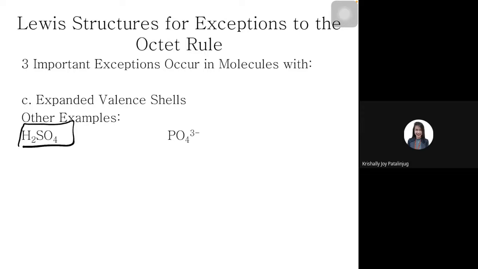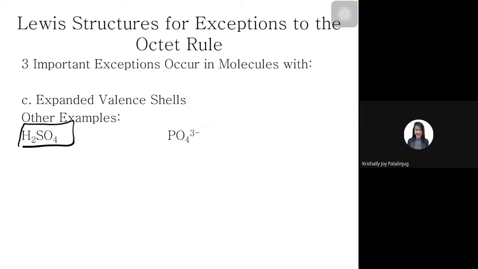Okay, let's resume. Let's have the sulfuric acid naman. Okay. In this molecule, you will also observe that a central atom will contain more than 8 electrons surrounding it. Okay, sige. Step by step na to yung pag-draw ng Lewis structure niya, ha?